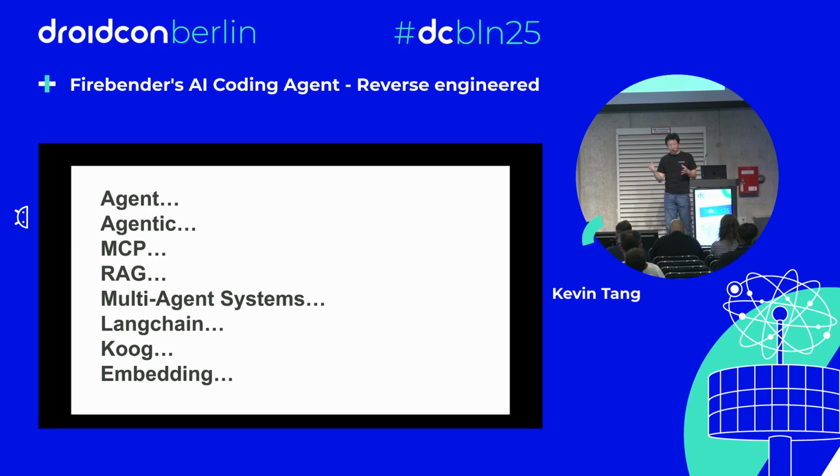A lot of these are very much buzzwords and not really great at explaining what coding agents actually are or how you actually interface with LLMs. I think it's needlessly complex, so I'm going to try and keep things very simple and straightforward.